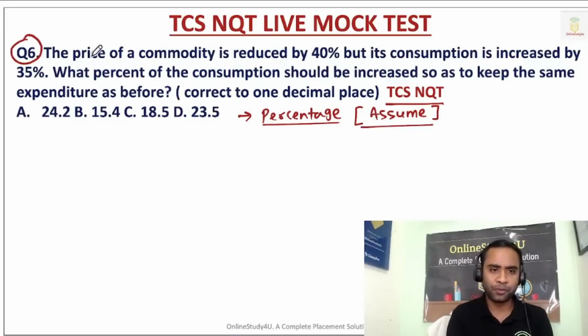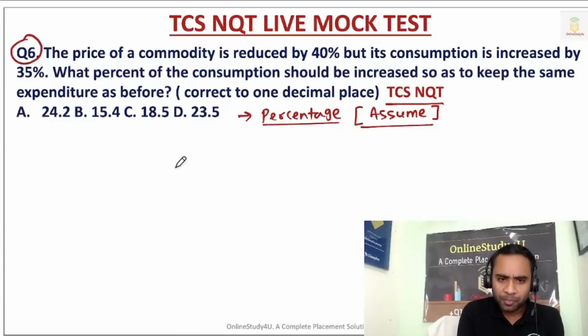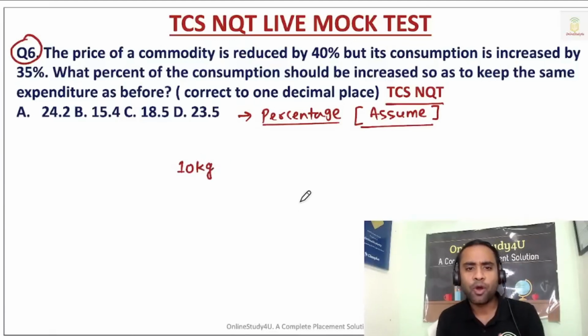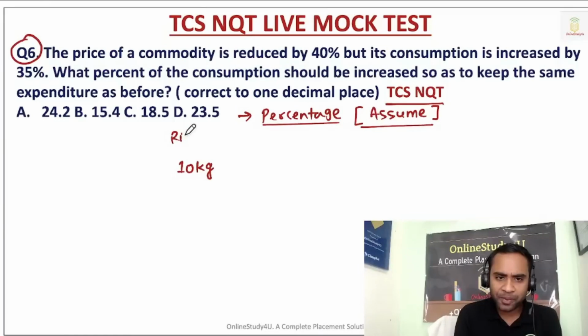No problem. Now let us try to understand a bit here. Suppose you wanted to eat sugar or rice. Suppose the rice price is 10 rupees per kg, and then you are buying 10 kg.